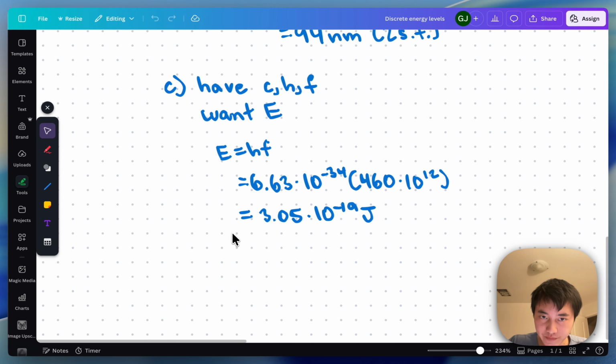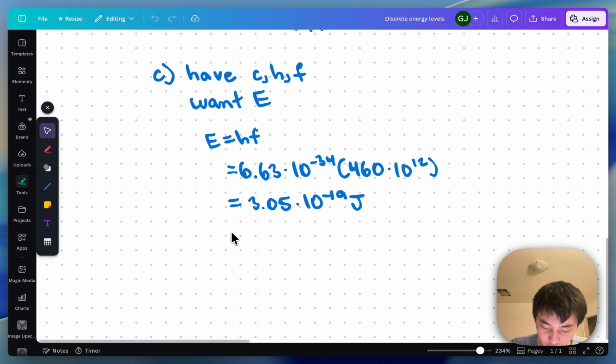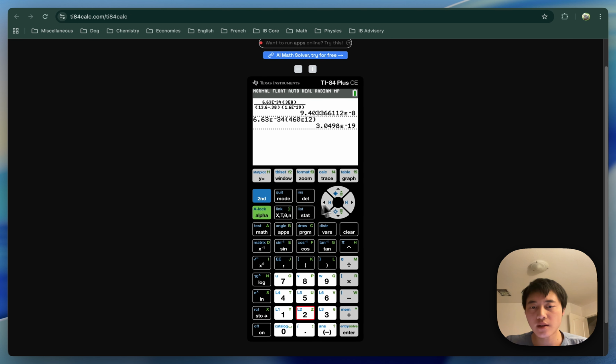We want this in eV, which means we just divide by the magnitude of the elementary charge, which gives 1.9 eV.